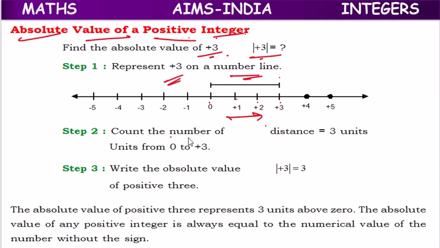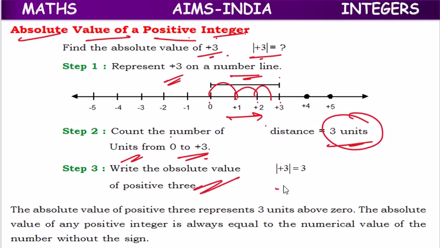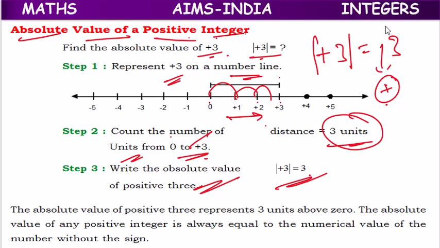Count the number of units from 0 to +3: 3 units. So the absolute value is 3. If you want to find the modulus of +3, we will write just 3 without the sign. Modulus of a positive integer is also always positive.